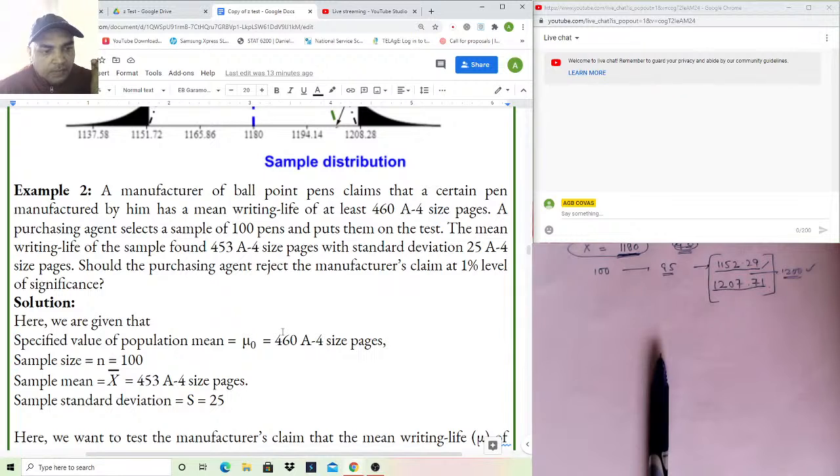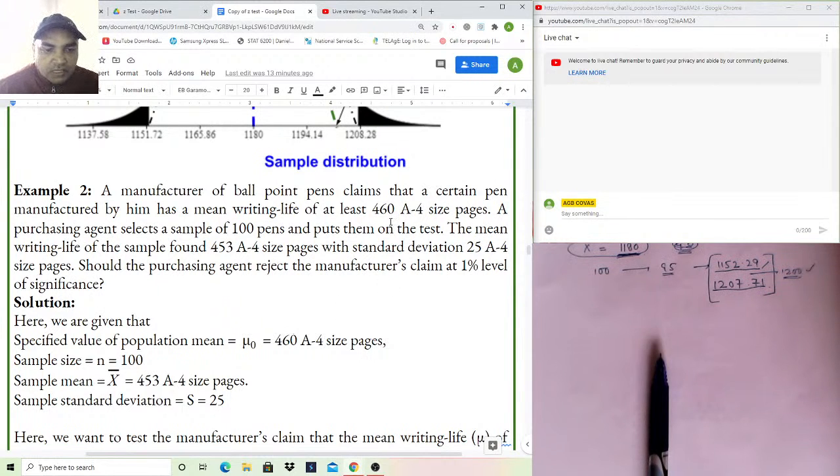The mean writing life of the sample was found to be 453, a little bit lower than 460, with a standard deviation of 20. Should the purchasing agent reject the manufacturer's claim at 1% level of significance? Now it has made a somewhat tougher decision, that is, he wants a confidence level of 99% for this manufacturer's claim.